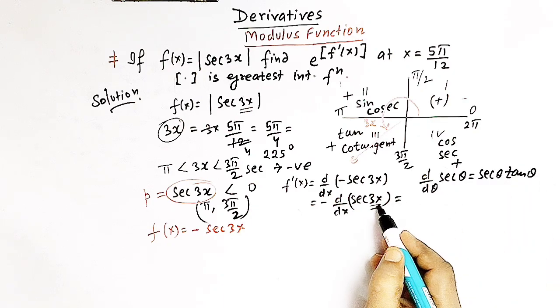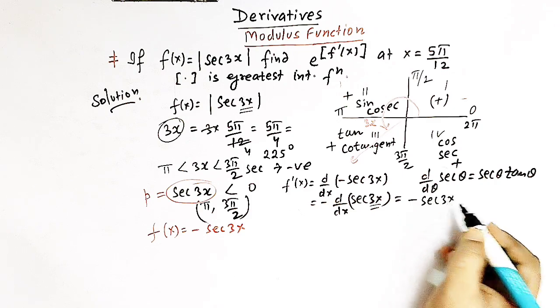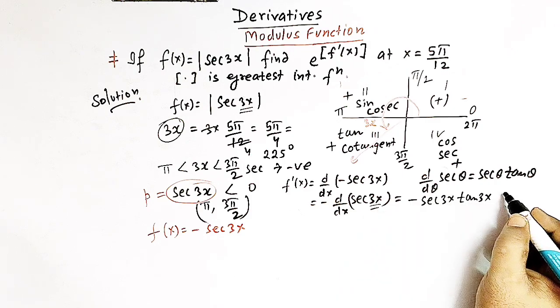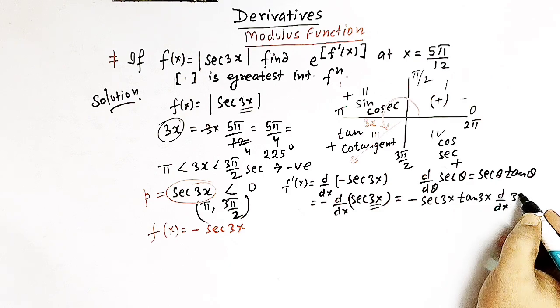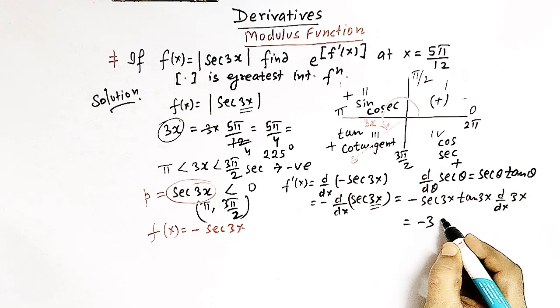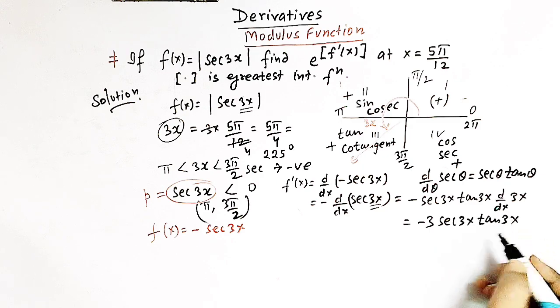So here theta is 3x. So we have minus secant 3x tan 3x, and by chain rule, the derivative of 3x is simply 3. So we have minus 3 secant 3x tan 3x.